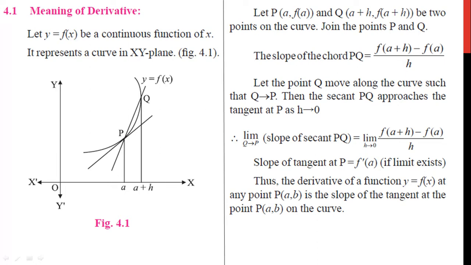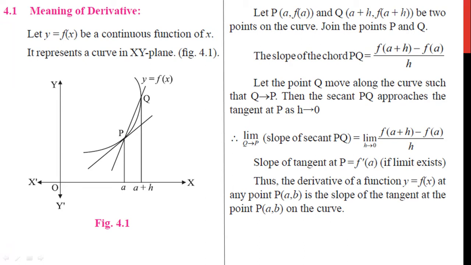Now, if you observe the figure carefully, when limit Q tends to P, the chord becomes a tangent at point P. See the geometrical part. So the slope of secant PQ, whenever you take limit Q tends to P, will become the slope of the tangent at P.